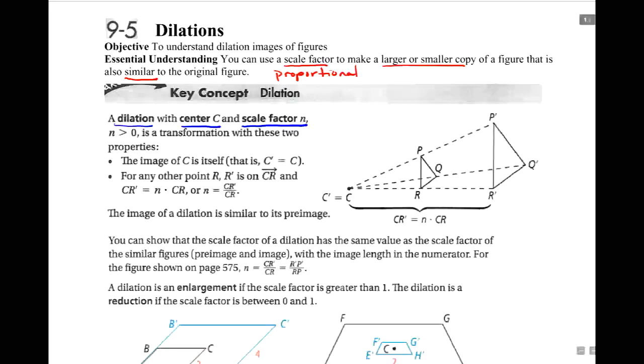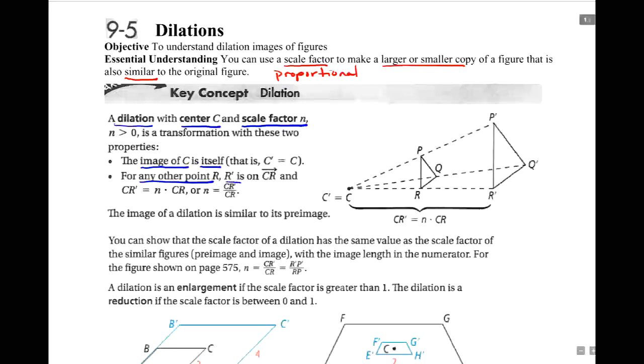The first one we recognize: the image of C, that's our center, is itself. That means that if your point is the center, it just stays there. C becomes C prime.